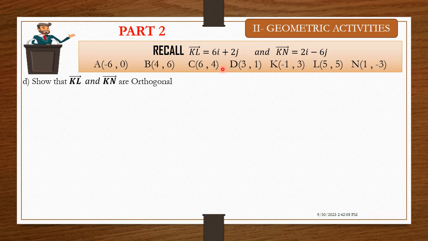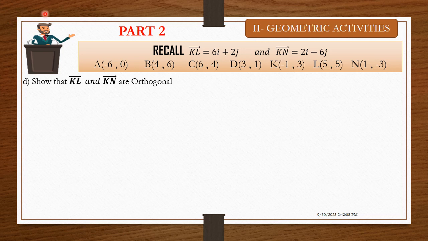D says, show that KL and KN are orthogonal. First of all, we need to know what orthogonal vectors are. KL is a vector and KN is a vector. We calculated them as vectors, and in the question they were given to us with arrows above indicating their direction.